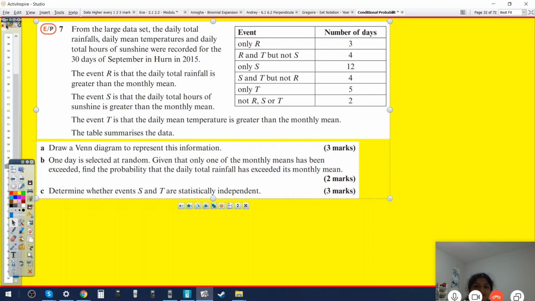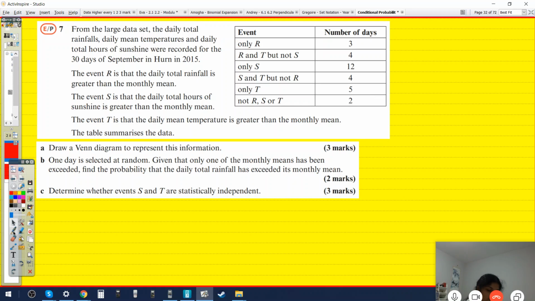So this is the large data set stuff. So what's a Venn diagram? You need 3 circles, R, S, and T. But which way do those Venn diagrams go? I don't think any of them are mutually exclusive.